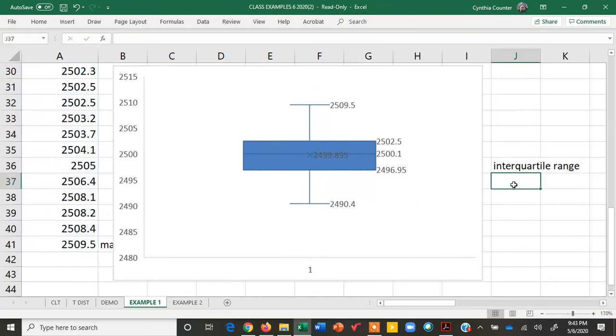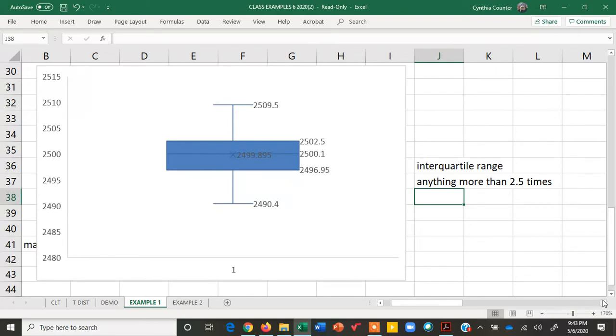So interquartile range, anything more than 2.5 times the length of the interquartile range is considered an outlier, right?